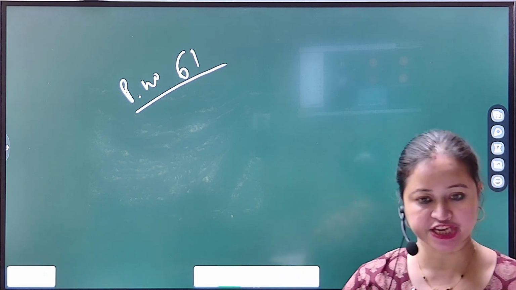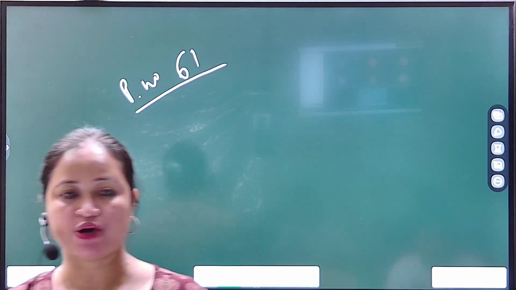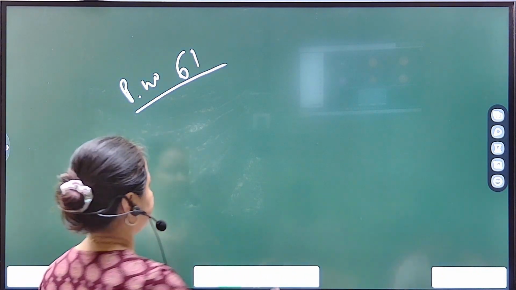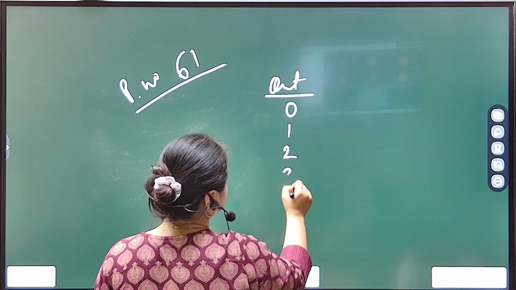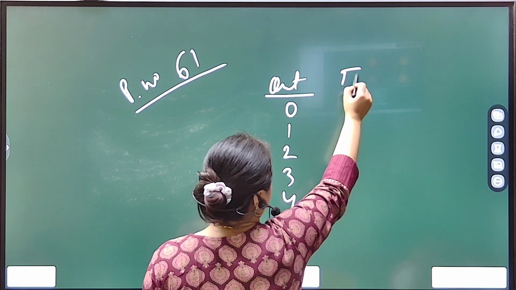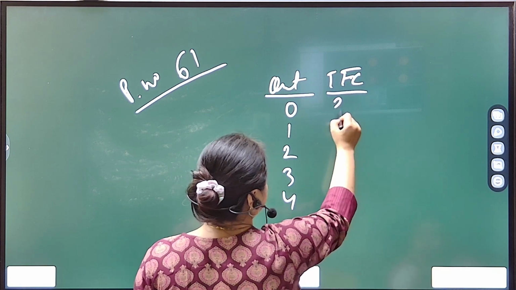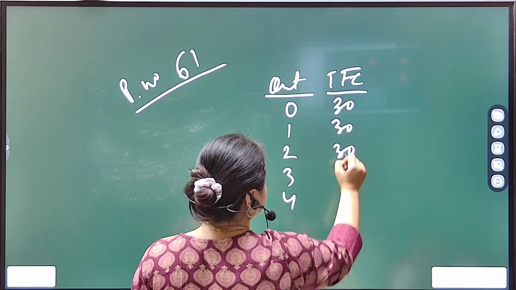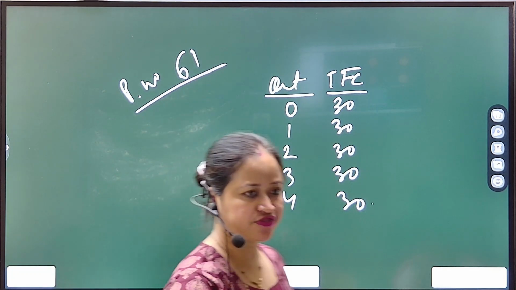Take your pencil and see the points. So even if the output is 0, 1, 2, 3, 4, your total fixed cost will be the same. Suppose 30, 30, 30, 30, 30. So that is the first point.